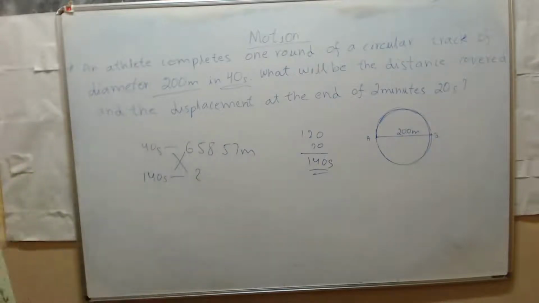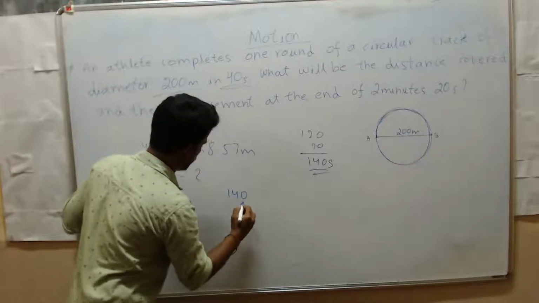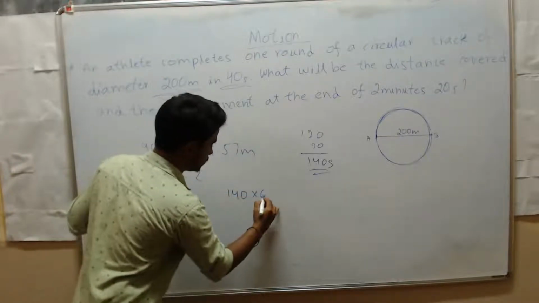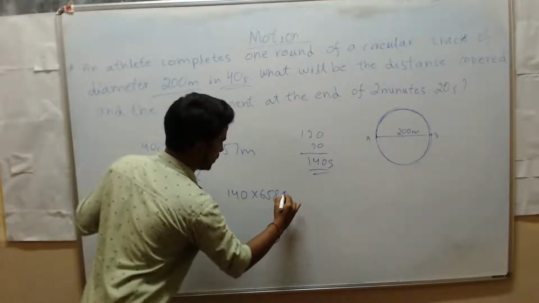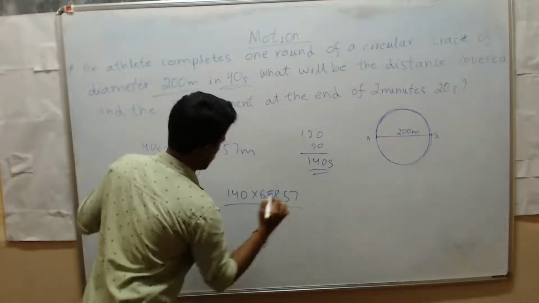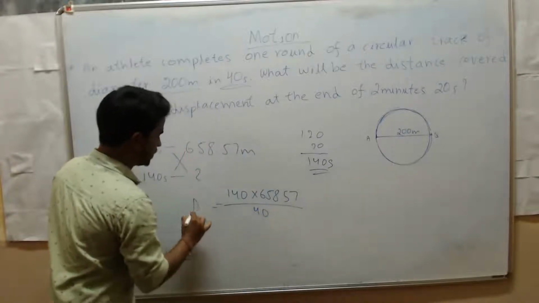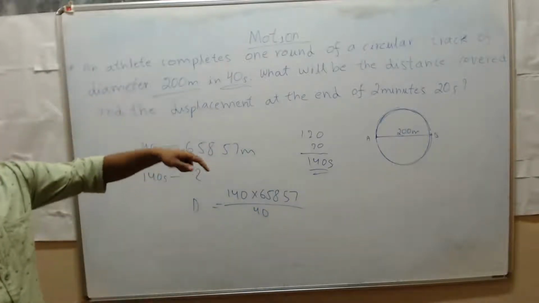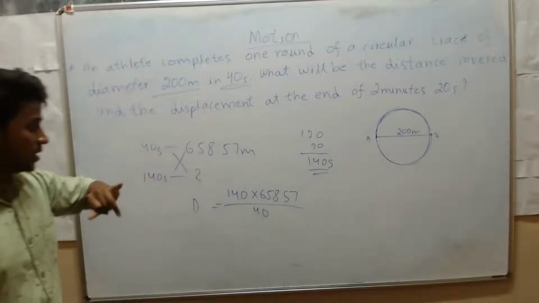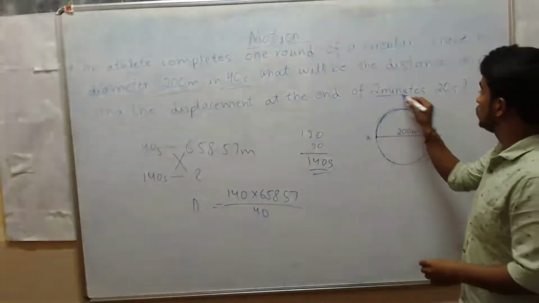Simple one, right? So now 140 into 658.57 divided by 40. So this is the distance at the end of 2 minutes 20 seconds. Here we are calculating the distance covered by that object at the end of 2 minutes 20 seconds.